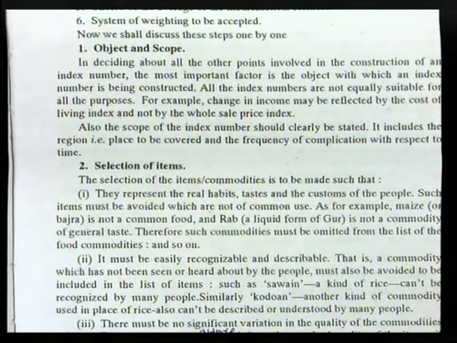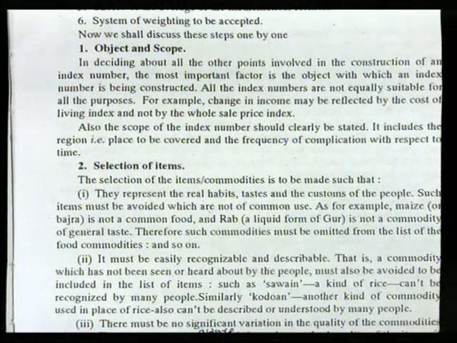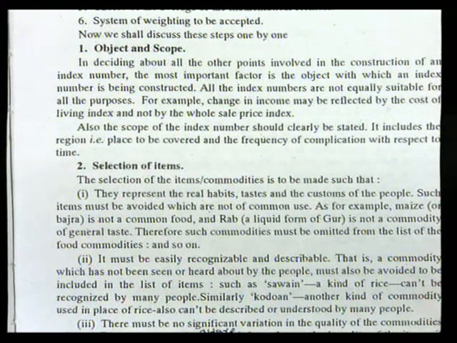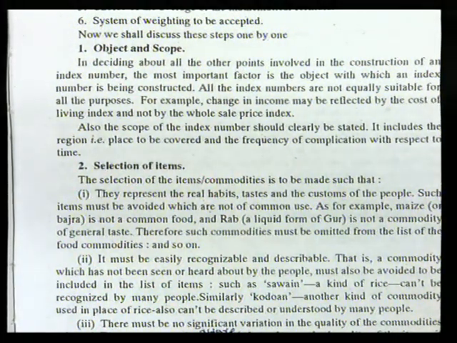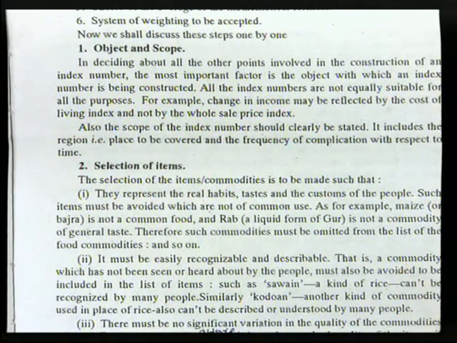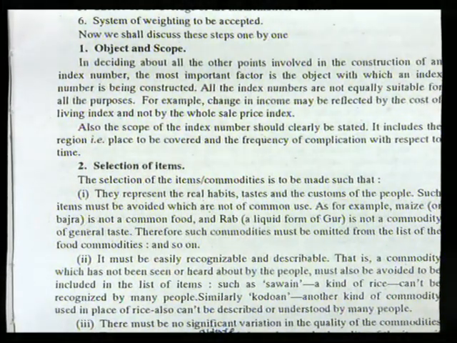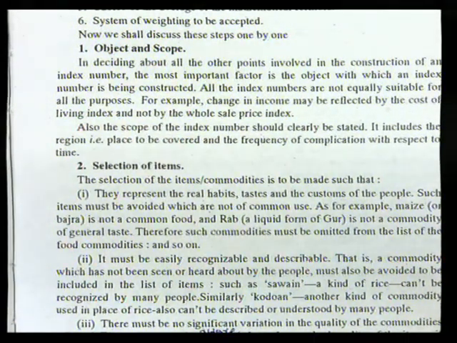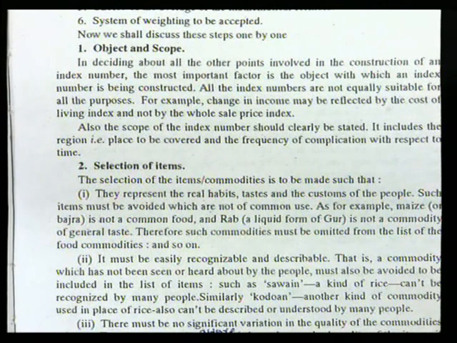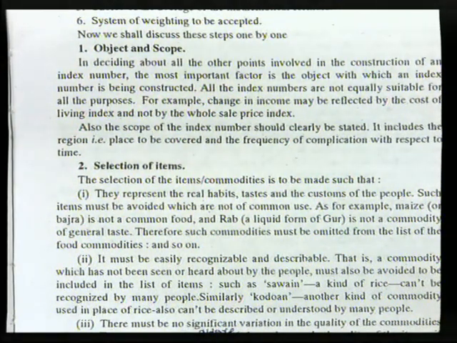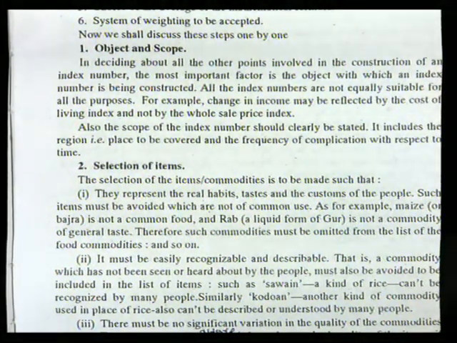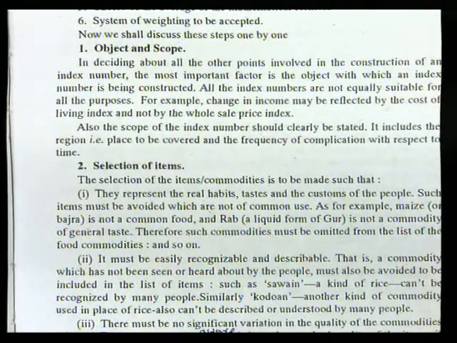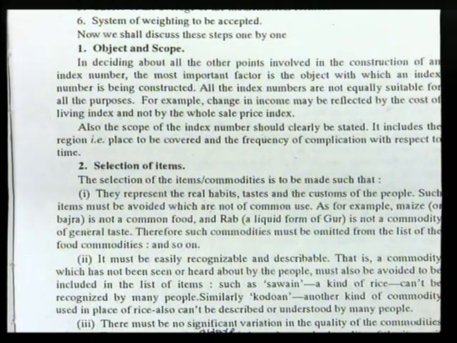For example, maize or bajra is not a common food, and rab, a liquid form of gur, is not a commodity of general taste, and therefore such commodities must be omitted from the list of food commodities, and so on. Number 2, it must be easily recognizable and describable. That is, a commodity which has not been seen or heard about by the people must also be avoided in the list of items.